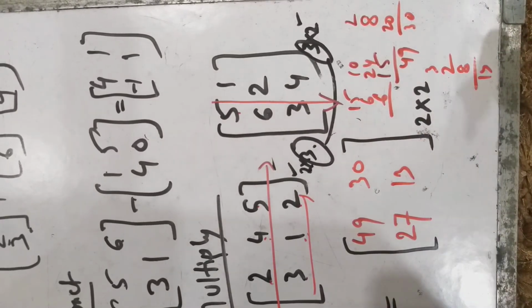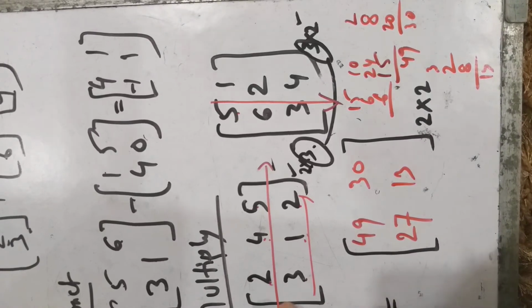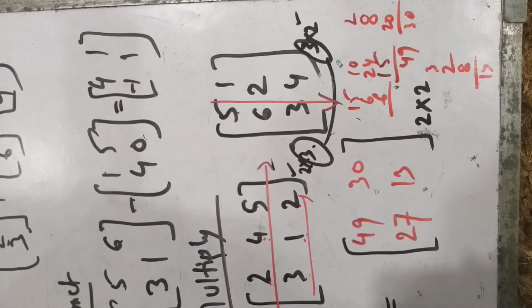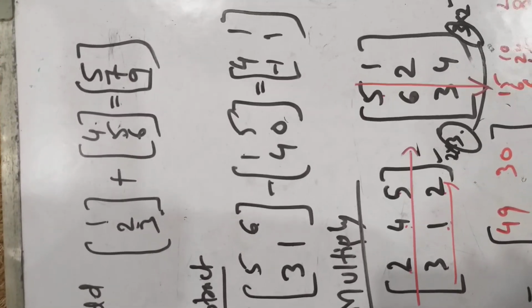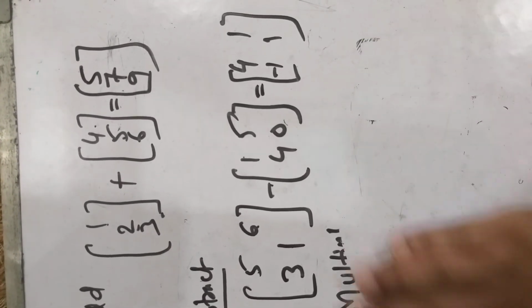So whenever you want to multiply, just follow rows into columns. You can easily multiply any two matrices. Fine. So sometimes the multiplication is not possible. That I will show you one example.